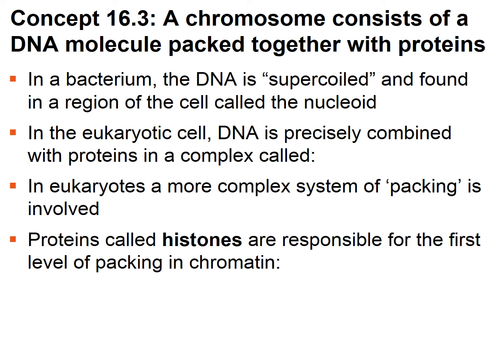In the eukaryotic cell, DNA is precisely combined with proteins in a complex that is called chromatin. In eukaryotes, there's a more complex system of packing involved in order to get this chromatin to the right size.